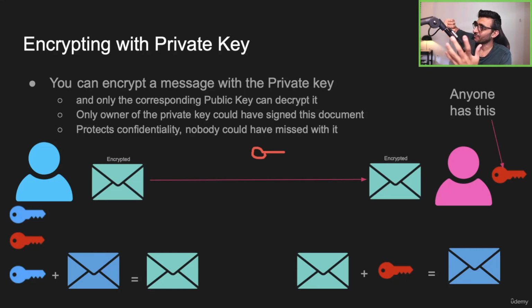So if the hacker changed the message, they won't be able to sign it again with my private key, because they don't have it. So everybody knows that this message has been compromised, right? This document has been compromised because the signature doesn't match the content. So that's basically why we use digital signature here.